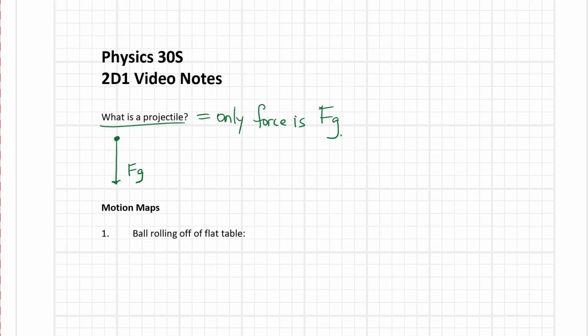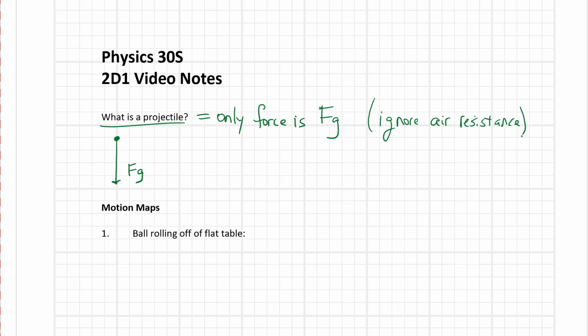In the real world there is a little bit of air resistance, but generally we're going to ignore air resistance. For most objects that we're dealing with in this unit, air resistance may be present, but it's so small that it doesn't make a significant difference.